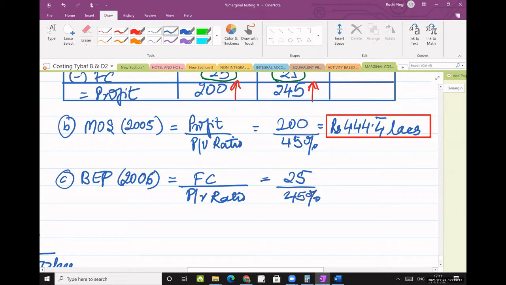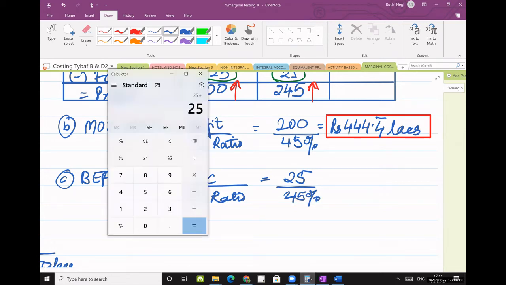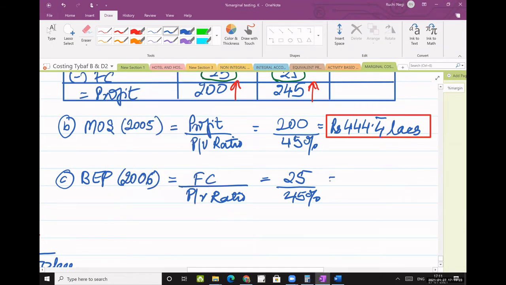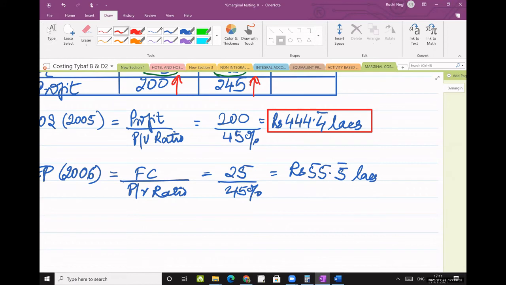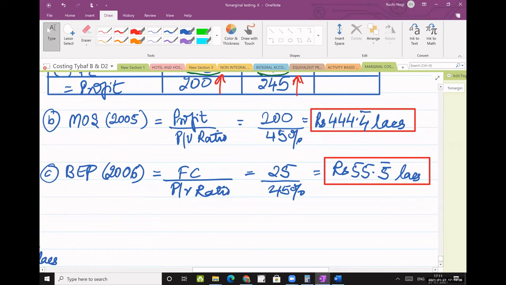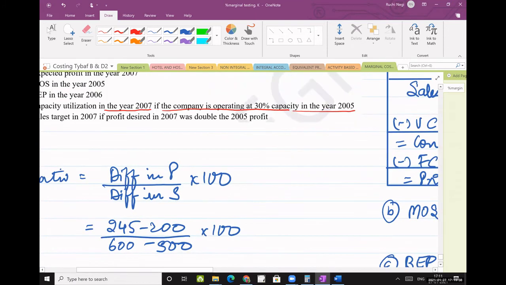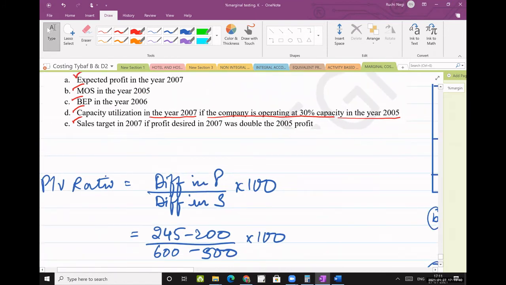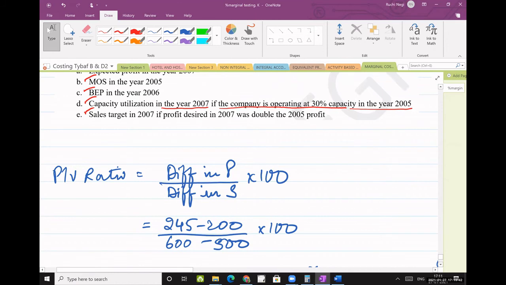So 25 divided by 45% is 55.555, so 55.55 recurring lakhs. So this is also what we got. So B is done. C part is also calculated.